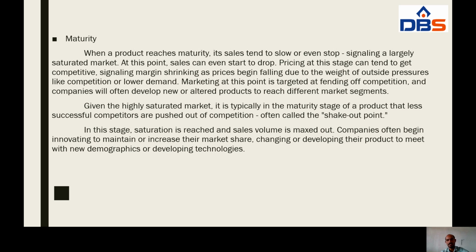Pricing at this stage can tend to get competitive, signaling margin shrinking as prices fall due to the weight of outside pressures like competition or lower demand. Marketing at this point is targeted at fending off competition, and companies will often develop new or altered products to reach different market segments.